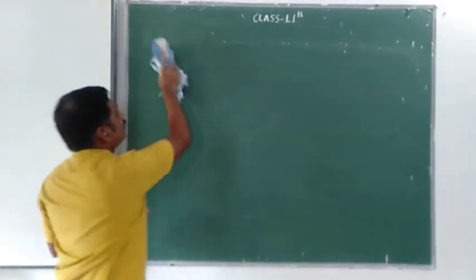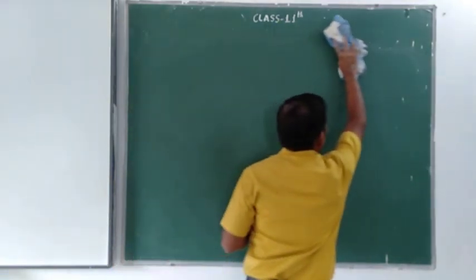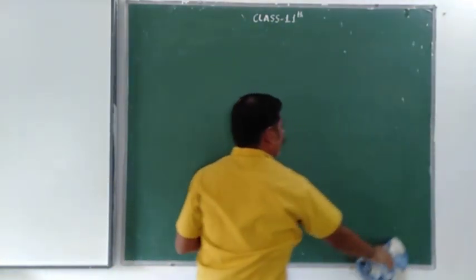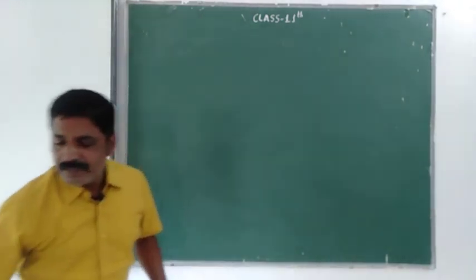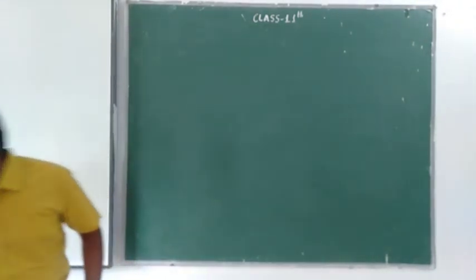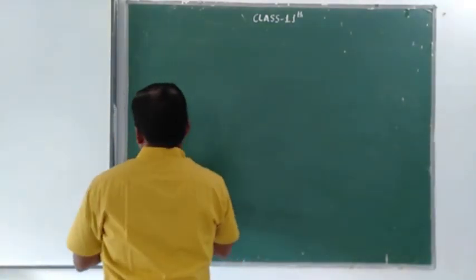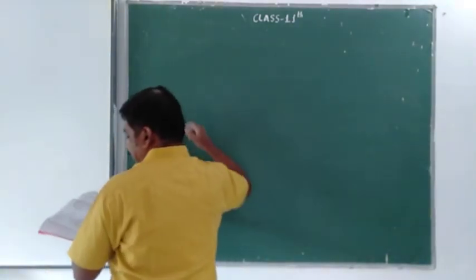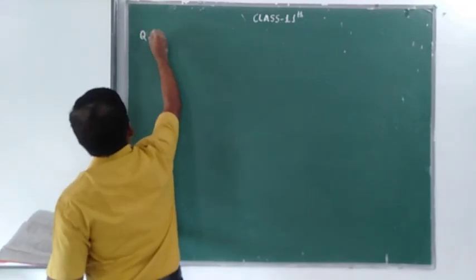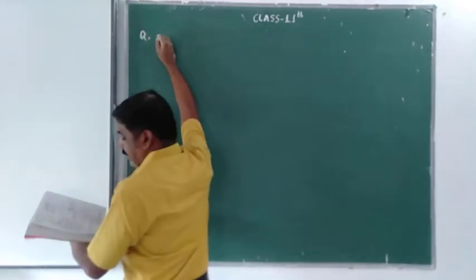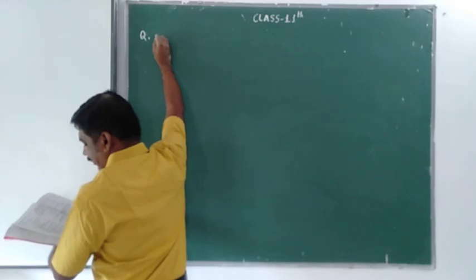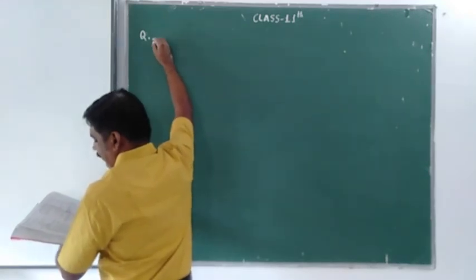Clear? And the second one is, whenever we are given the sum of n terms and we have to find the nth term, the formula is Tn is equal to Sn minus Sn minus 1. Okay?